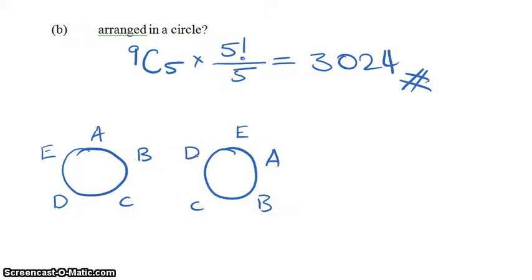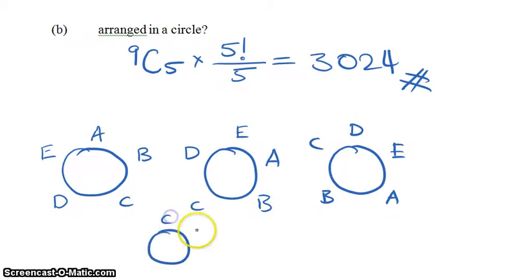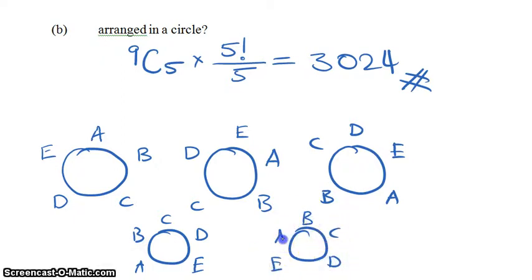Just because you've rotated your bracelet on your wrist doesn't mean you've got a new bracelet or that you've rearranged it in any way. It's still the same bracelet. Similarly, I could have D, E, A, B, C, or I could have C, D, E, A, B, or I could have B, C, D, E, A.